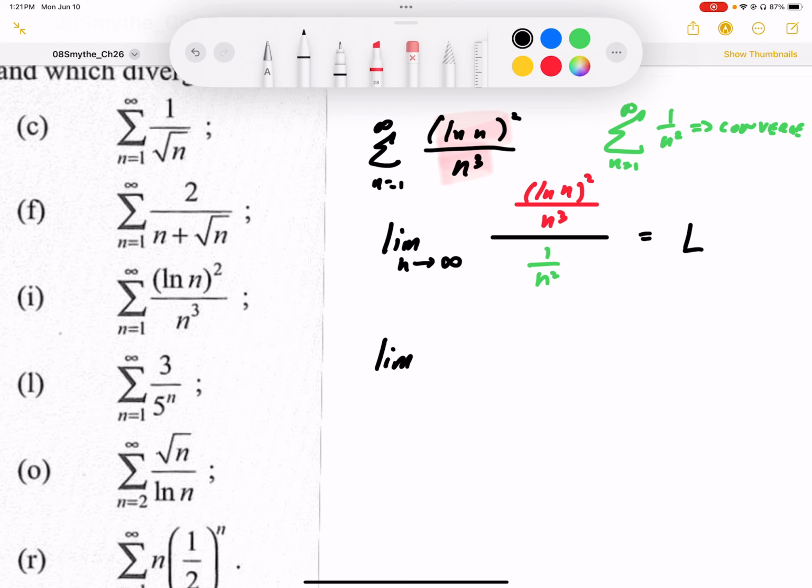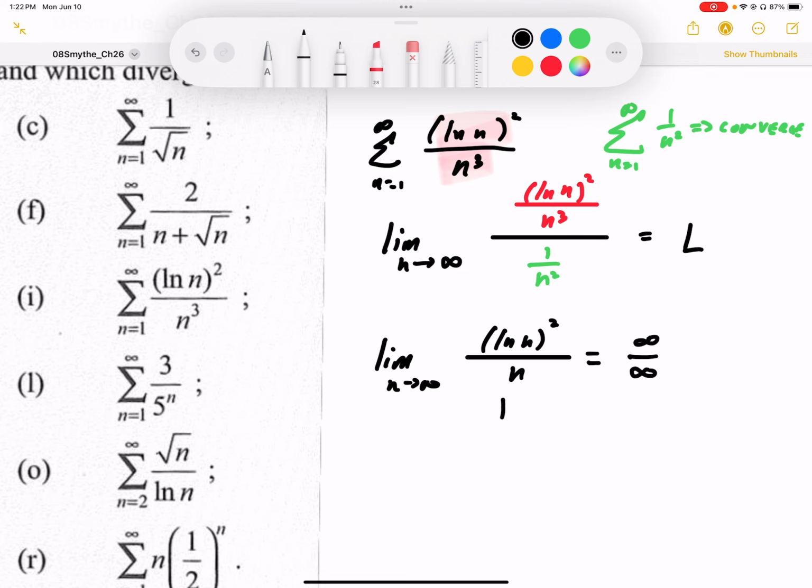So I have the limit as n approaches infinity, and when I simplify this, the n cubes cancel out, so I'm going to have an extra n in the denominator, and log n squared in the numerator. What's that going to be equal to? When I plug in infinity, I get infinity over infinity.